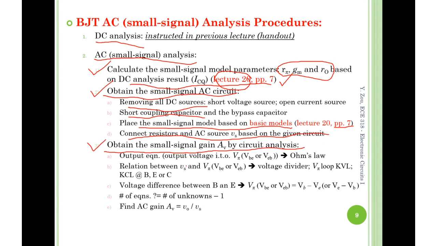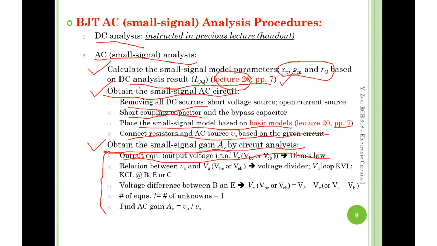After having the circuit, you jump to step 3, finding the AC gain by circuit analysis. Here I'm providing an arsenal again, an arsenal full of weapons, so remember to use them. First of all, the output equation. Generally speaking, we are following Ohm's law, so we can find the output equals to something.